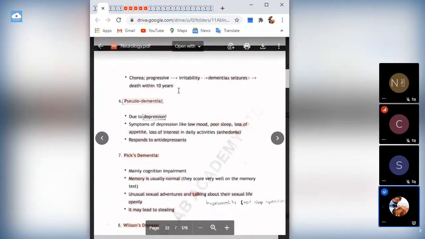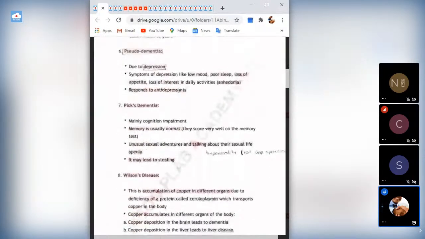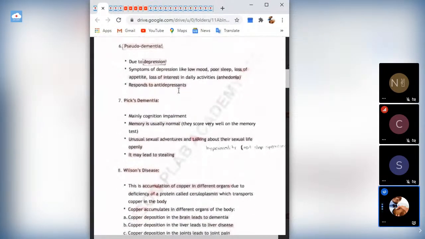So it's crazy. Now, there's a phenomenon known as pseudodementia. Pseudodementia is not a real dementia. It's actually due to clinical depression. In depression, there's low mood, low affect, loss of energy, loss of interest in previously pleasurable activities, low sexual energy, everything is just low, excessive sleepiness.